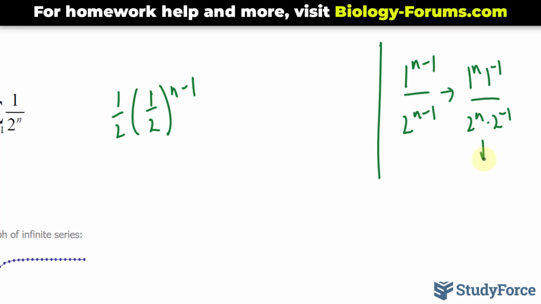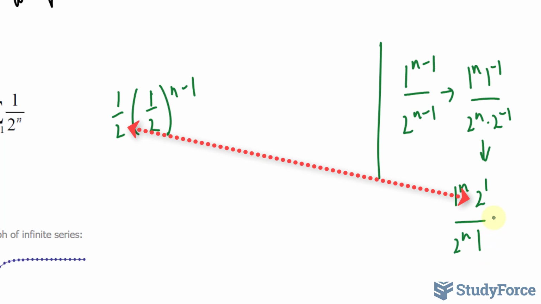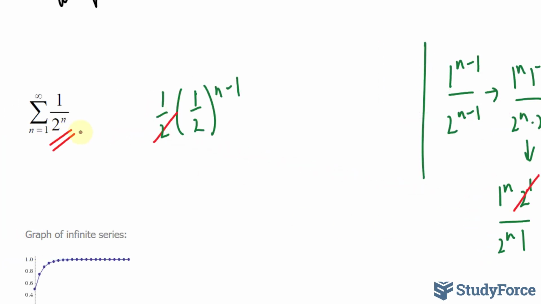Manipulated further, using the negative exponent rule, we would have 1 to the power of n, 2 to the power of 1, and 2 to the power of n, 1 to the power of 1, which is 1. This 2 and this 2 would cancel out, leaving us with what we had originally. 1 to the power of n, any power of 1 is always equal to 1, so this can be written as 1. Therefore, this expression is the same as the following.